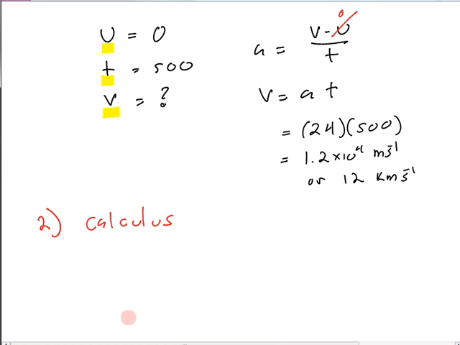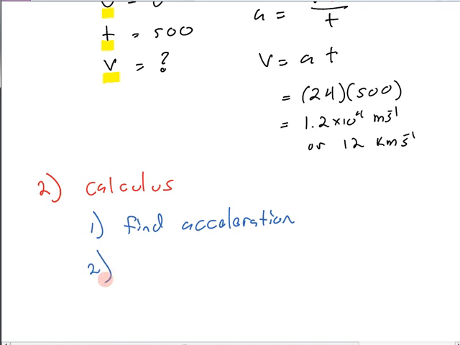Now for our calculus method, we're going to start by finding the acceleration. Once we have the acceleration, the next thing we're going to do is integrate acceleration to get velocity. So velocity with respect to time is the integral of acceleration with respect to time.